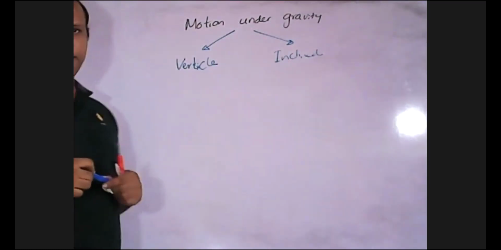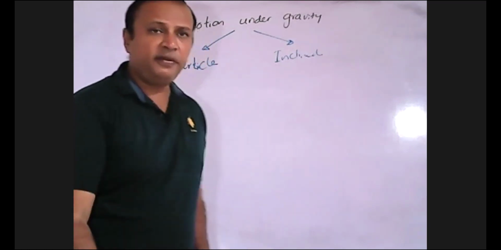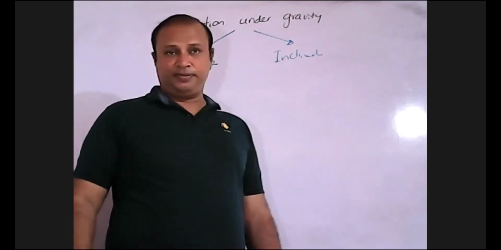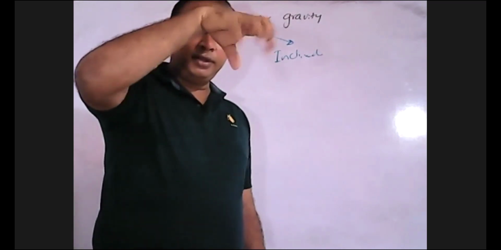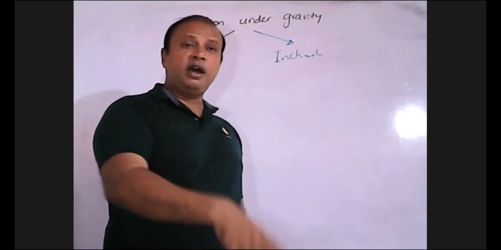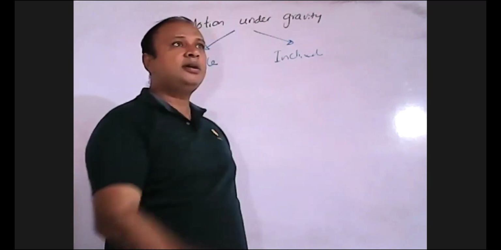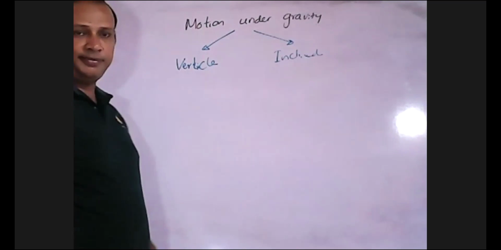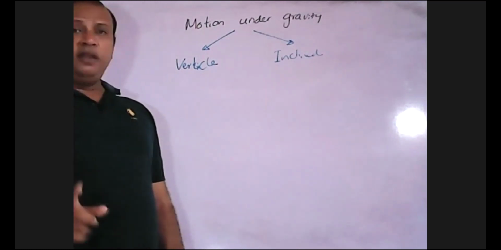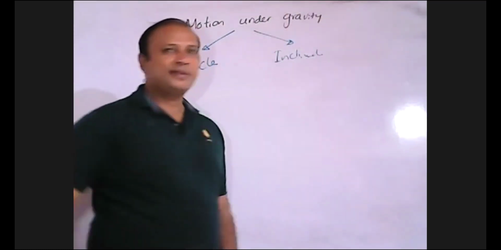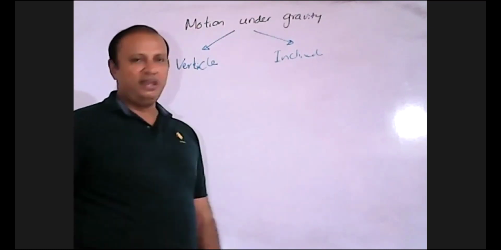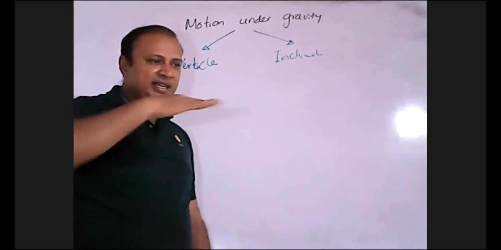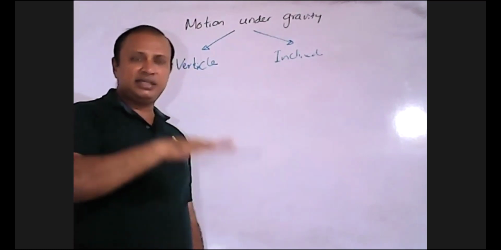Vertical means if you throw a stone or something vertically upward, or if we drop a stone vertically downward, the motion is vertical motion. If we throw a ball at an angle, it is an inclined motion, inclined to the Earth's surface.